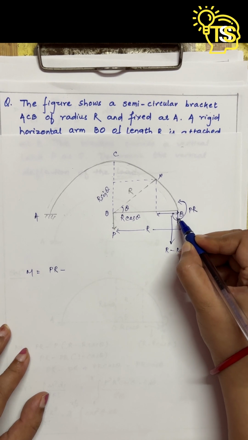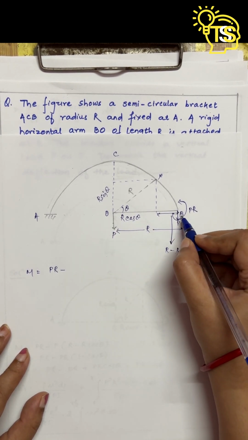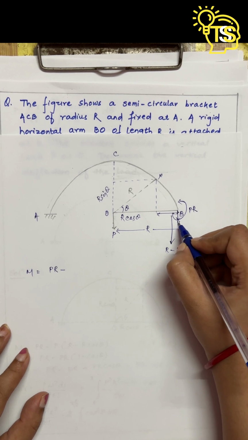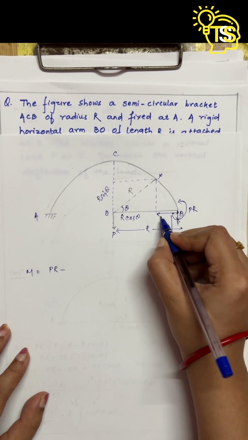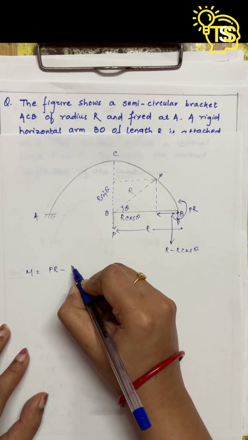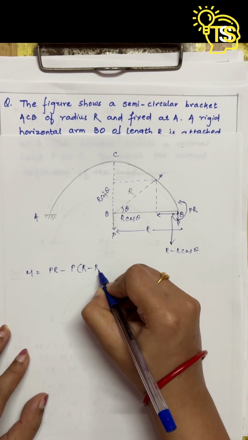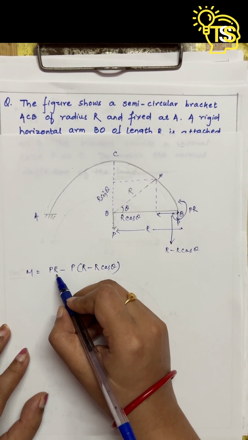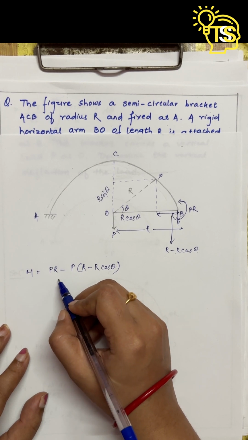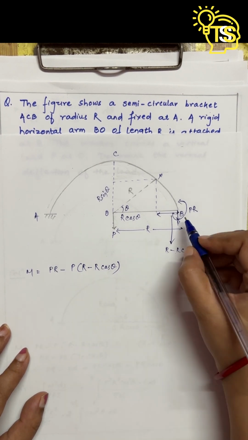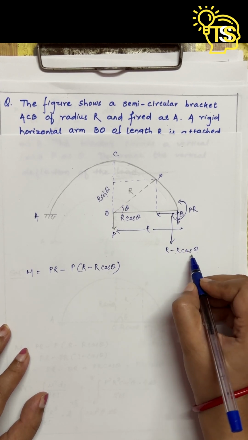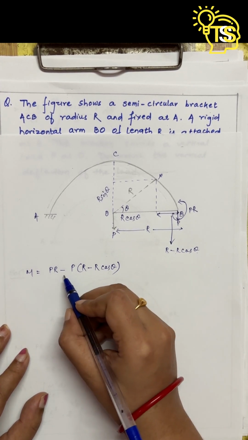Now this point load P from O got passed to point B. Here the moment we will get is P into effective length, that is P into (r minus r cos theta). Here we took Pr anti-clockwise direction as positive, so we have to take this clockwise moment P into (r minus r cos theta) as negative.